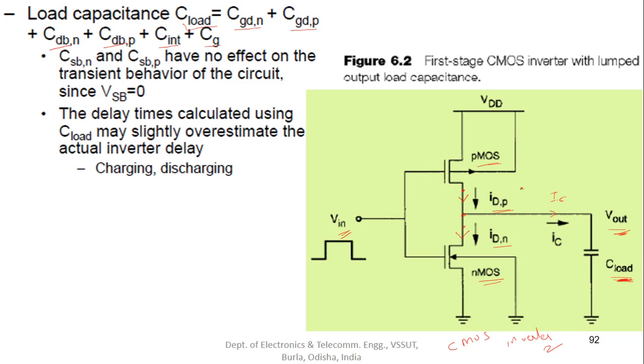So when we apply KCL at this node, we can easily write that IDP, the sum of incoming current, is equal to the sum of all outgoing currents. So IDP is equal to IDN plus IC, or we can simply write that IC is equal to IDP minus IDN.